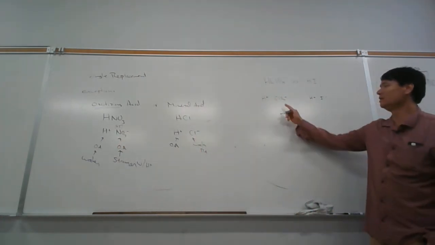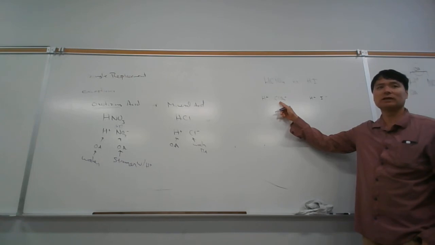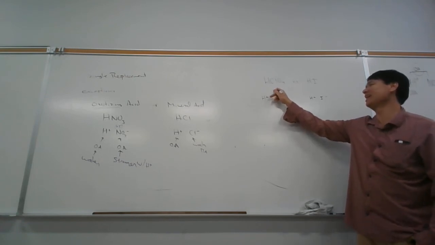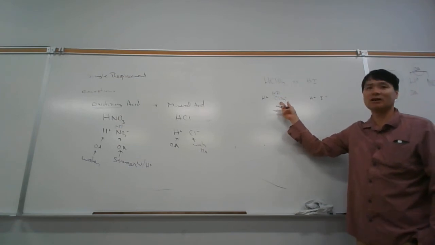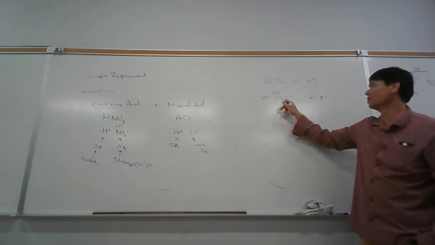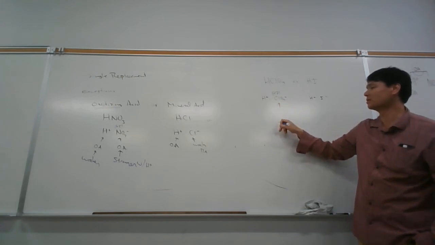Well, what is the chlorine's oxidation state over here? +7. Do you see that this is going to be a very powerful oxidizer? In fact, it's so powerful it caused the Pepcon disaster in Nevada, right? The Pepcon explosion. And so this is perchlorate. And so this is a powerful oxidizer.